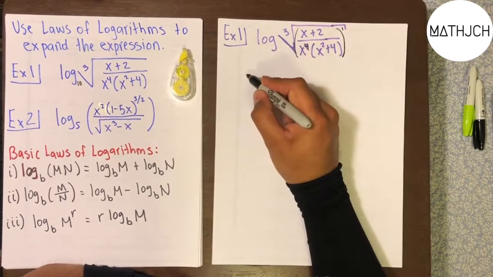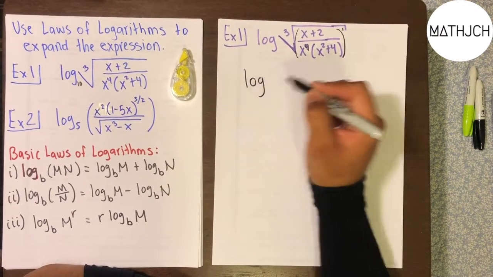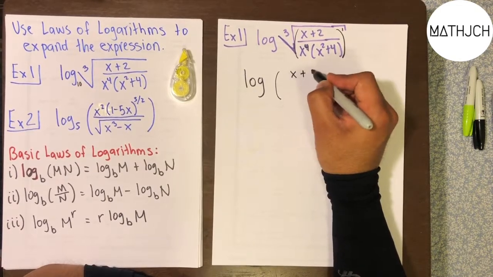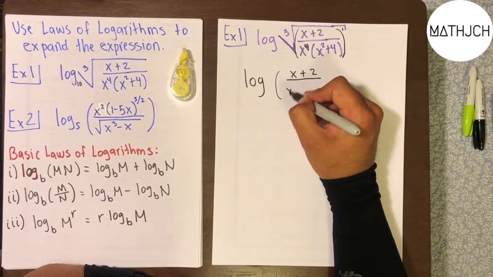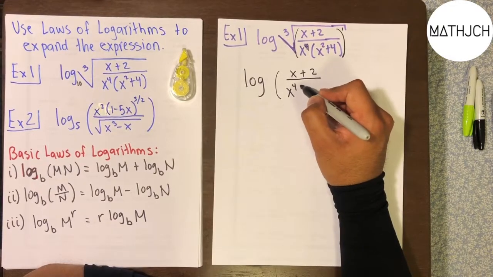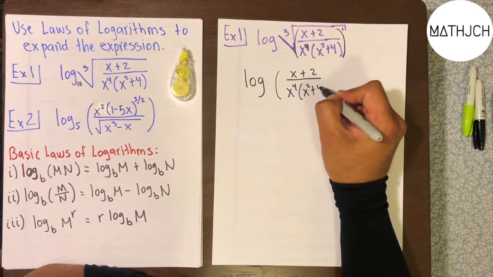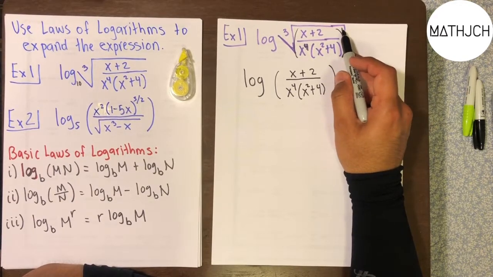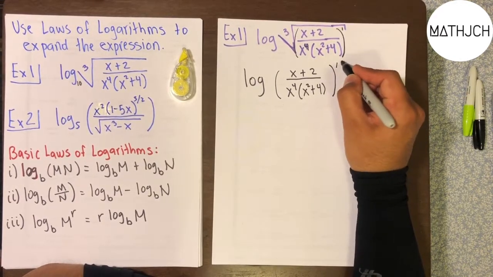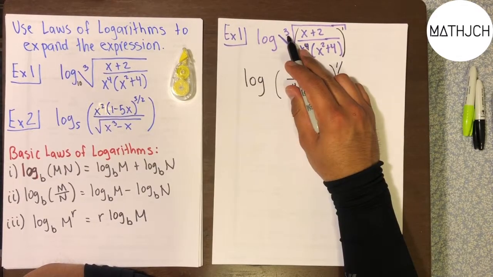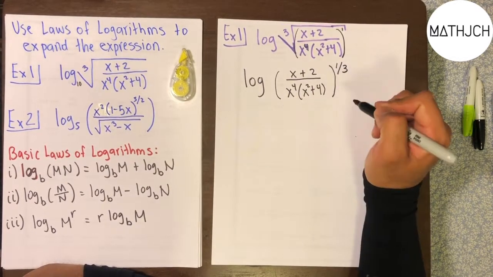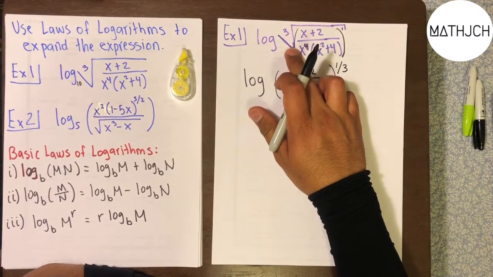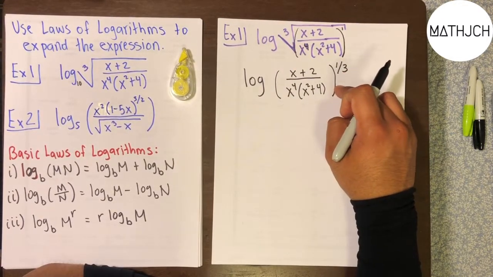So we could rewrite everything inside of the root as an exponential expression. Remember, that power goes on the numerator and the index goes into the denominator. So that's how you rewrite from radical expression to exponential expression.